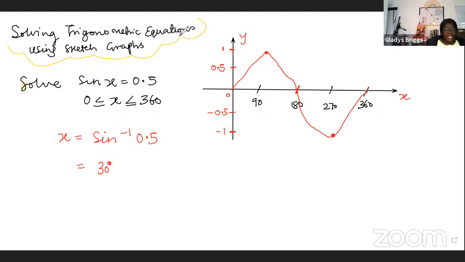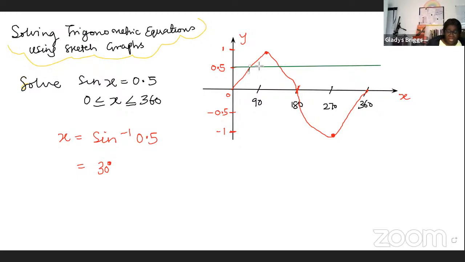Once you got your sine inverse to be 30 degrees, now you can draw a line from here. You know that there are going to be two solutions there. There's one solution at x is equal to 30 degrees, where that line is touching the x-axis.